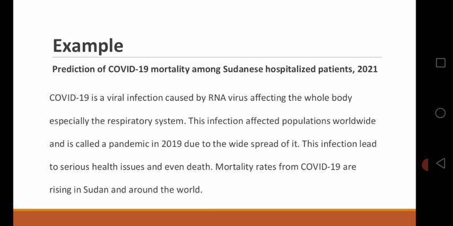We said that this infection led to serious health issues and even death. This is the second part. Mortality, then we said mortality rates from COVID-19 are rising in Sudan and around the world. These sentences I put in such a paragraph to define the statement of the research problem.